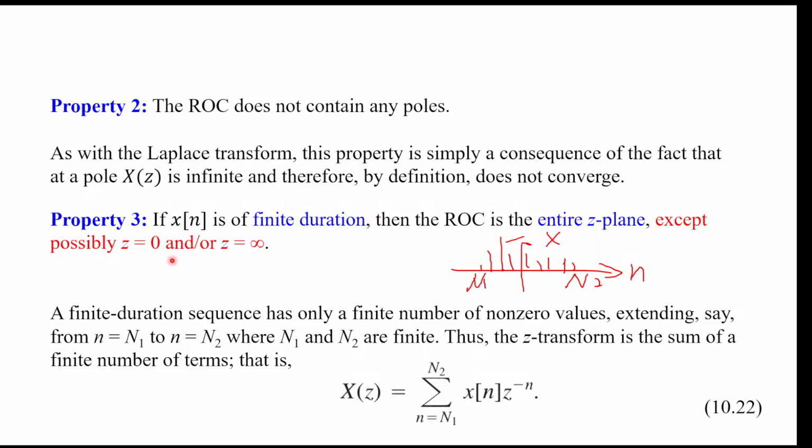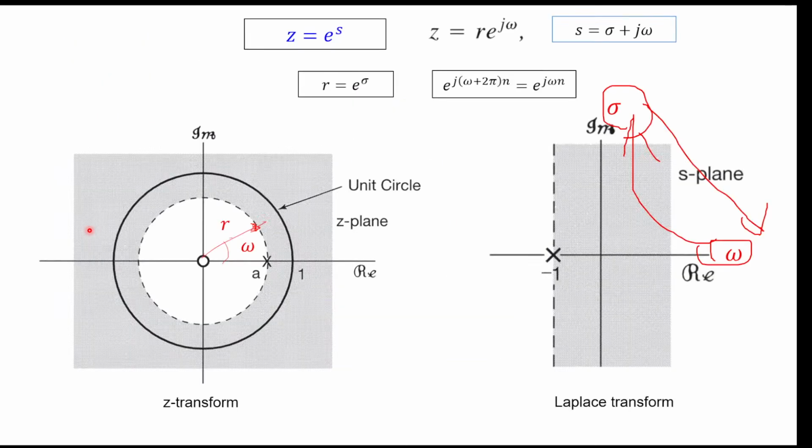But z equal to 0 also corresponds to an infinity in the S plane. If we think about what z equal to 0 corresponds to in the S plane, it is actually sigma going to negative infinity.